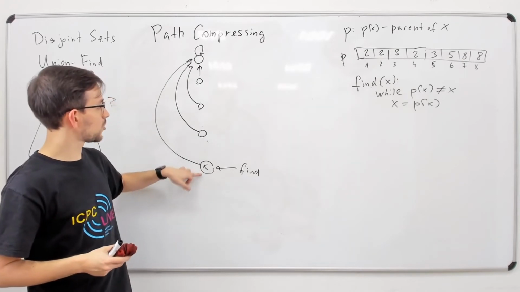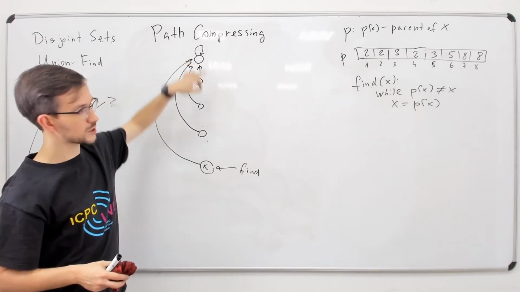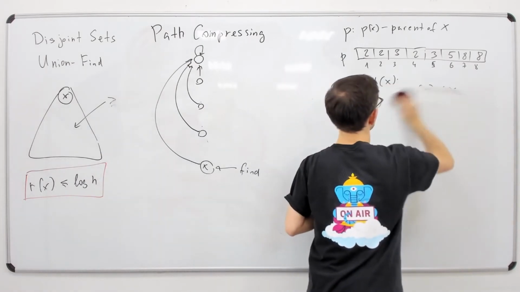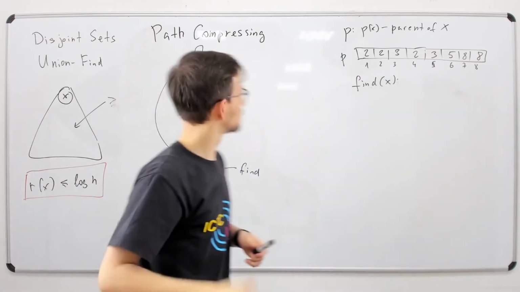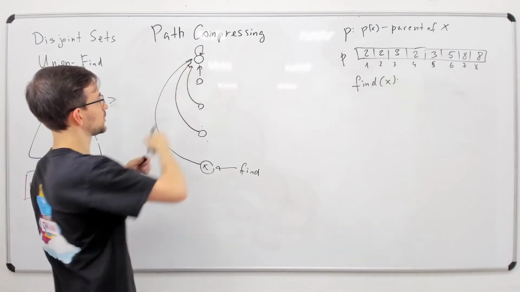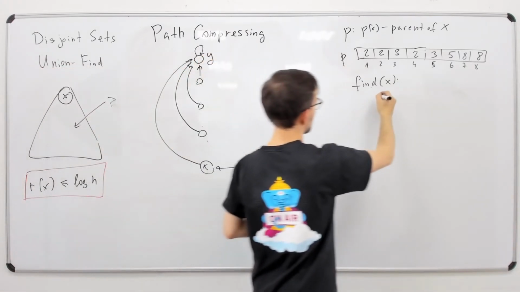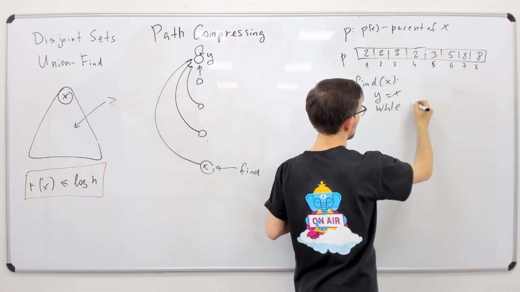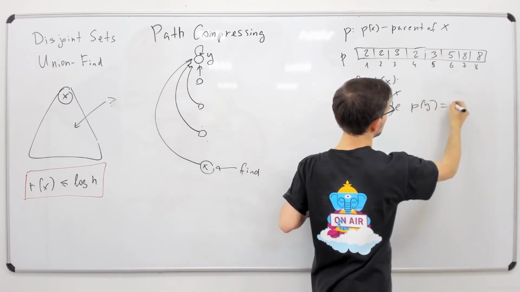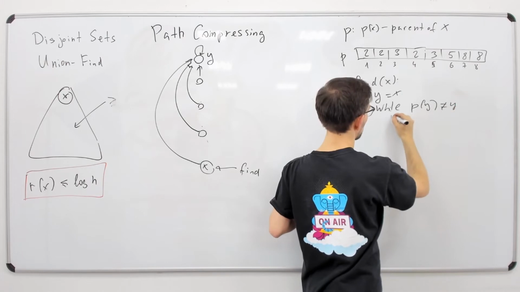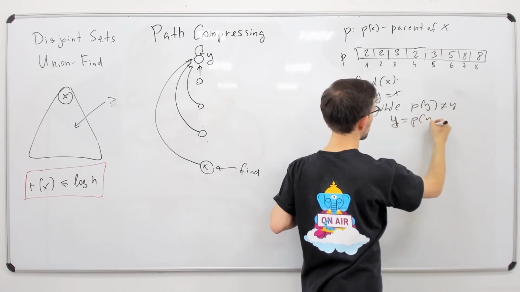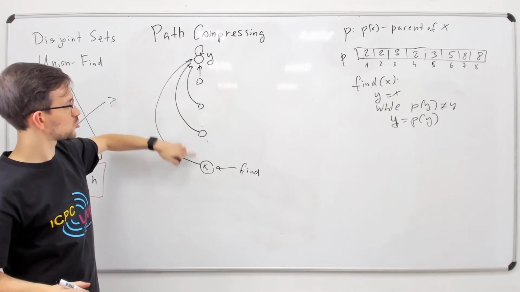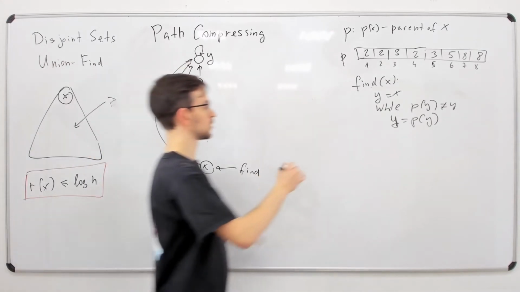So again, we follow to the root. Now we have x, and we need to remember. So let's move to the root. Let's make y here. So it's y equal to x, while p of y not equal to y, y equal to p of y. So we move to the root and then move again and change all pointers to the root.